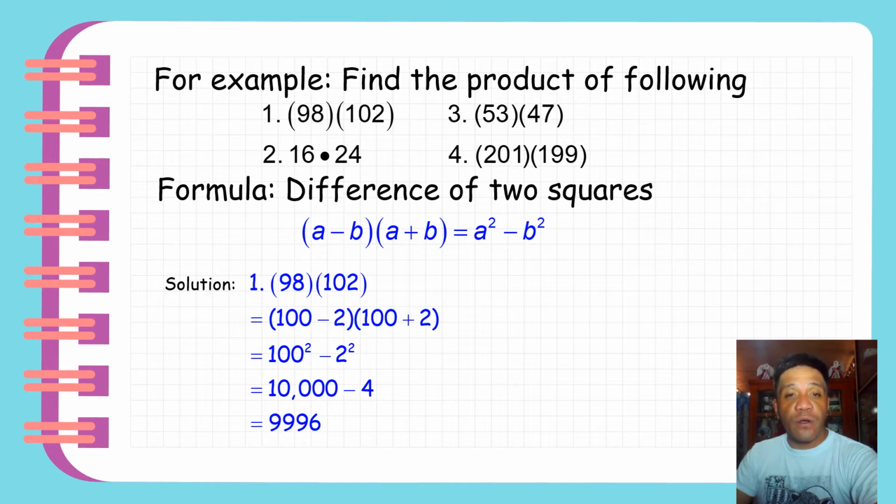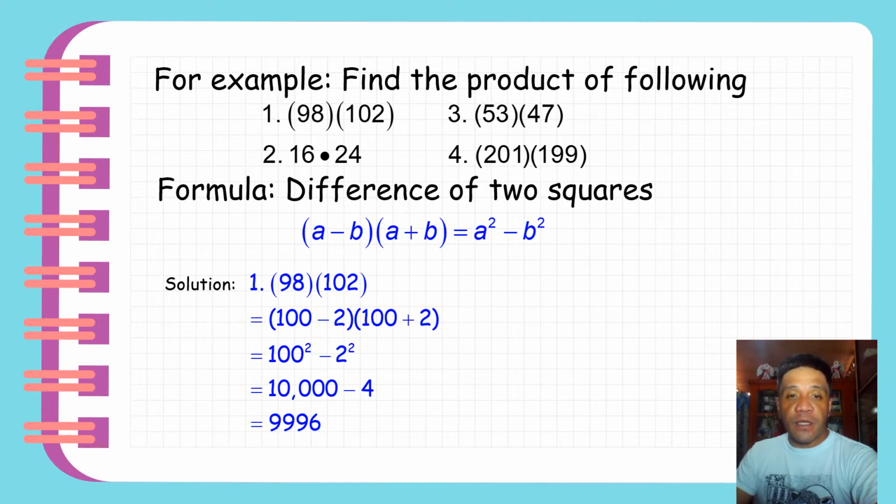So if we compare this to the first one, it's still the same, but we just change how to convert it by the process of the difference of two squares.